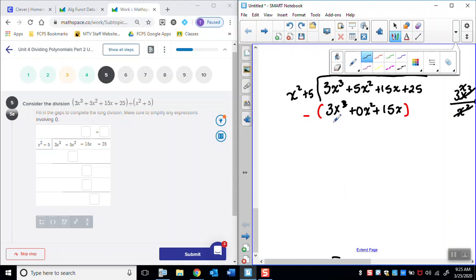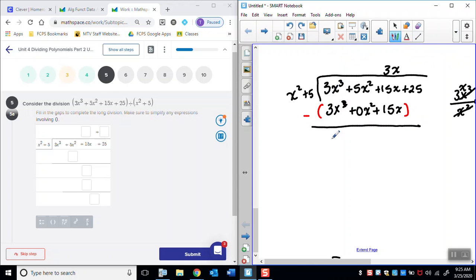polynomials out. So you have here 3 minus 3 is 0, that's gone. 5 minus 0 is just 5, 5x squared. 15 minus 15 is 0, so this is zeroed out. And then I'm going to bring down the positive 25.